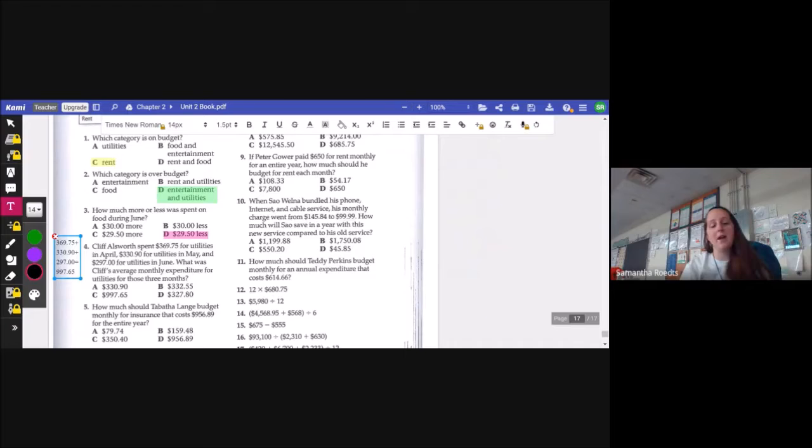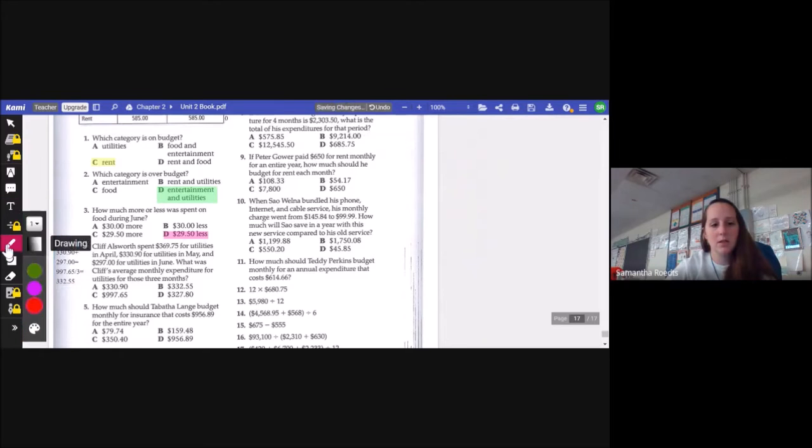That's the amount they spent for the entire 3 months, but I want the average, so I divide that by 3, and that equals $332.55. So that's letter B.